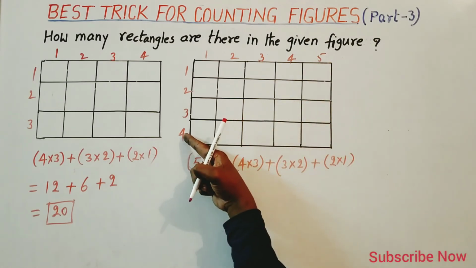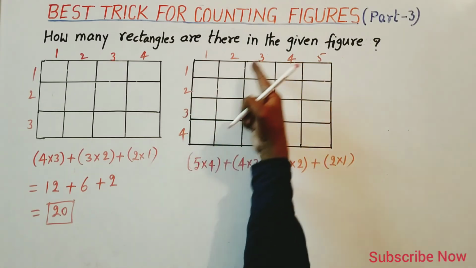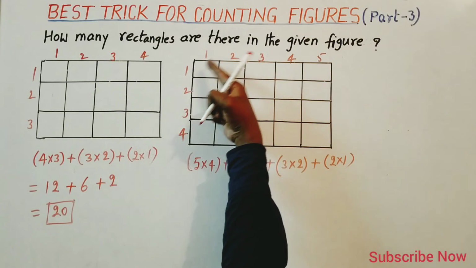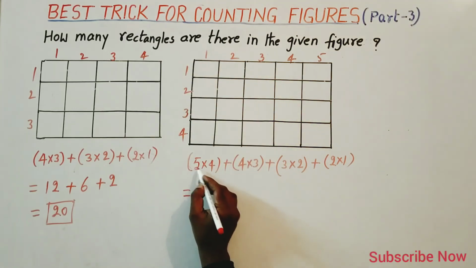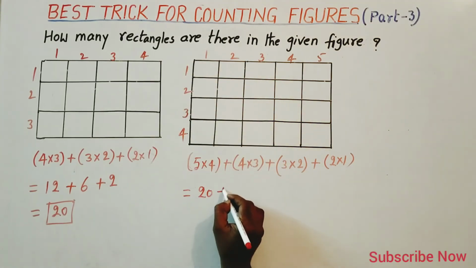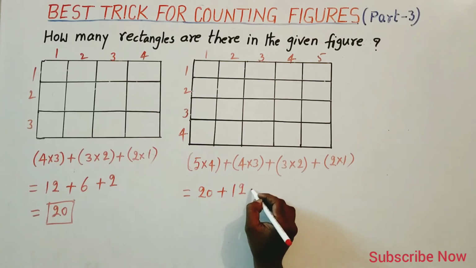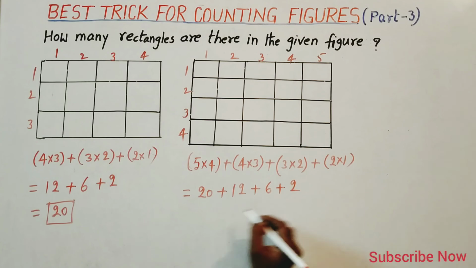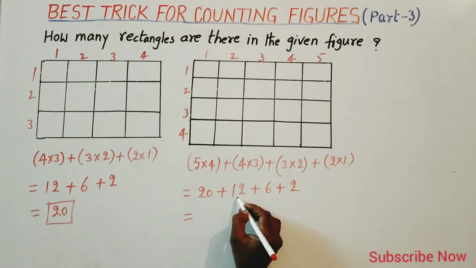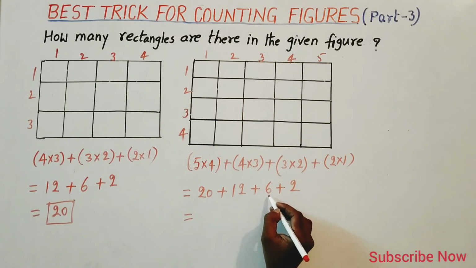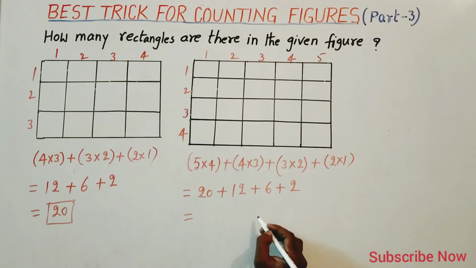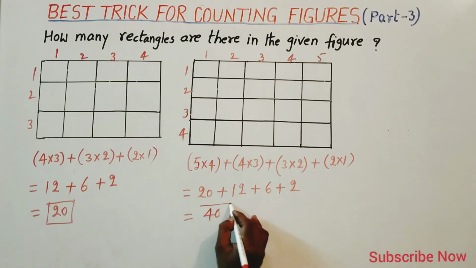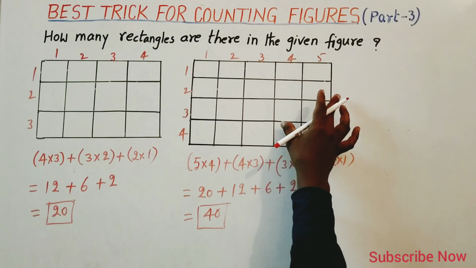So 5 4s are 20 plus 4 3s are 12 plus 3 2s are 6 plus 2 1s are 2. So 20 plus 12, 32, 32 plus 6, 38, 38 plus 2, 40. Therefore totally there are 40 rectangles in this diagram.